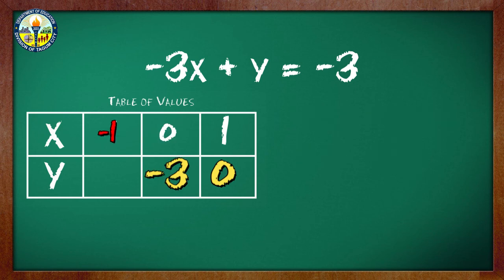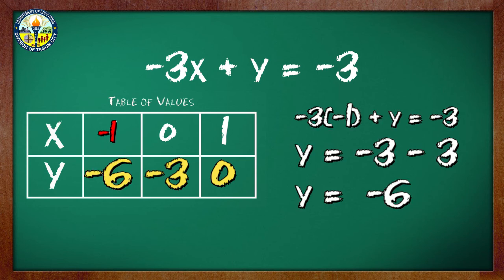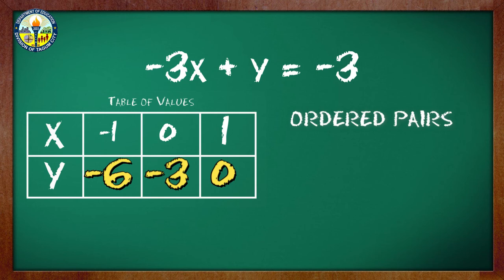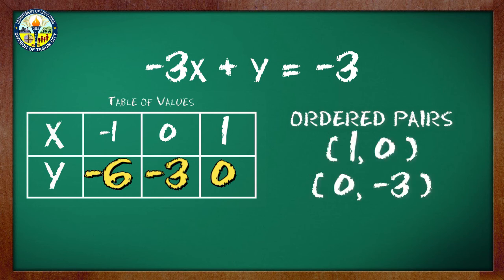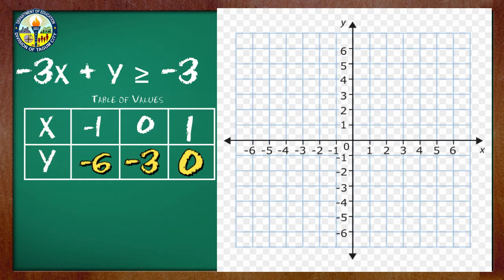And when x is negative 1, y is negative 6. Therefore, the points are (1, 0), (0, negative 3), (negative 1, negative 6). Number 3, plot the points on the Cartesian plane. The points are (1, 0), (0, negative 3), (negative 1, negative 6).